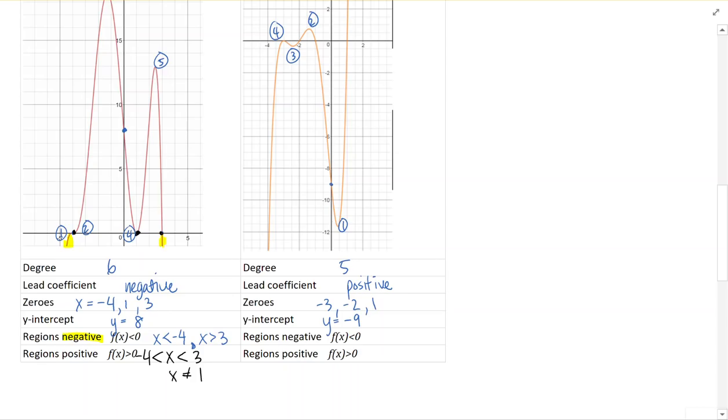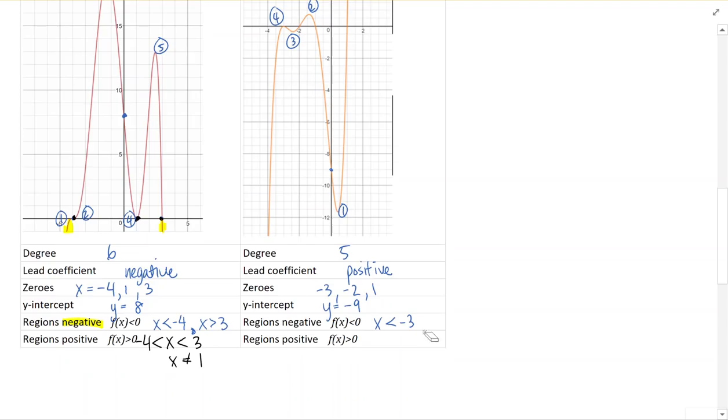And the regions negative is anything that is below the x-axis, which is going to be when x is smaller than -3, when x is between -3 and -2, and when x is between -1 and 1.